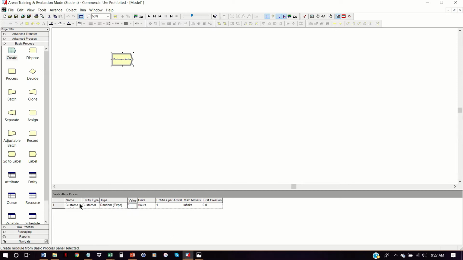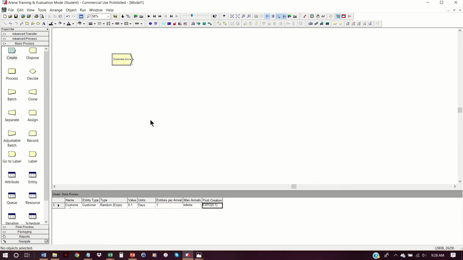They arrive at a mean of 0.1 days. And then also we are told that the first customer does not arrive at time 0. The first customer also arrives randomly according to the same distribution. So we can just mirror the same distribution here, expo 0.1, okay?